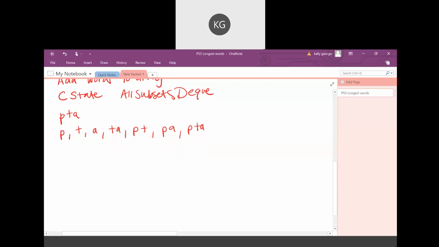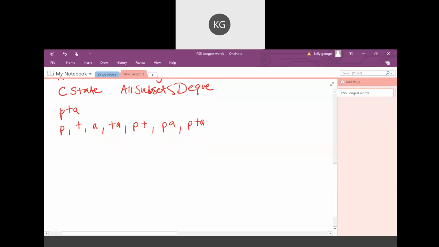So if you want to find the longest words, which one of these subsets would we look at first? PTA, yeah, exactly. So you want to start off with the longest subset and move backwards.